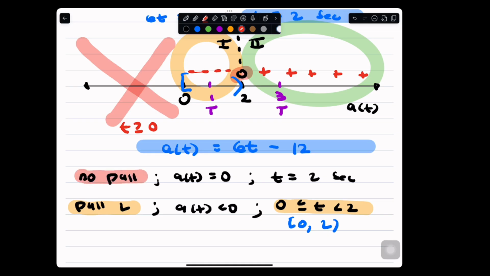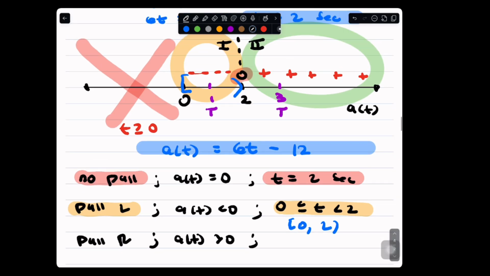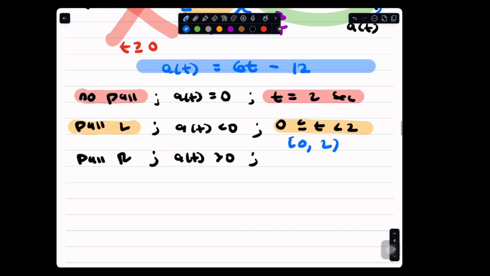No push or pull happens when t is 2 seconds. Force is 0 at that point. Being pulled to the right happens when your acceleration is positive, and that's positive in the green, which is really 2 to infinity.